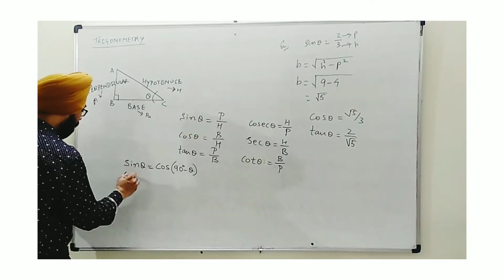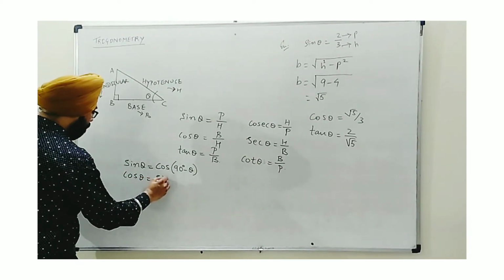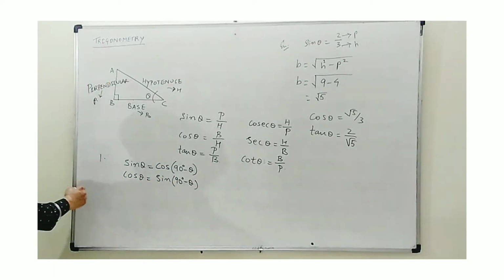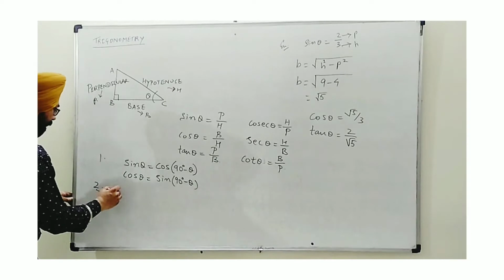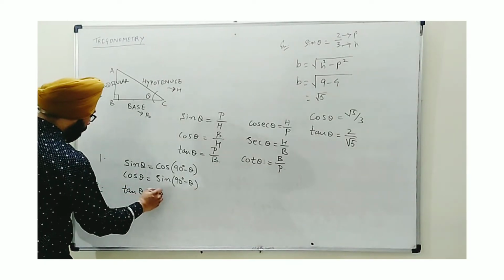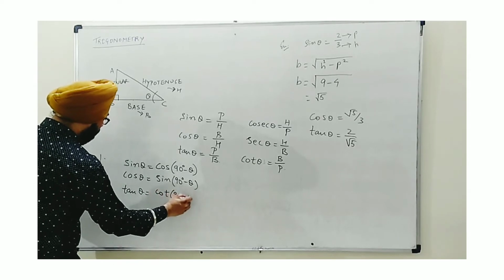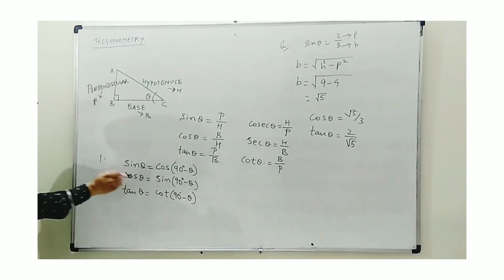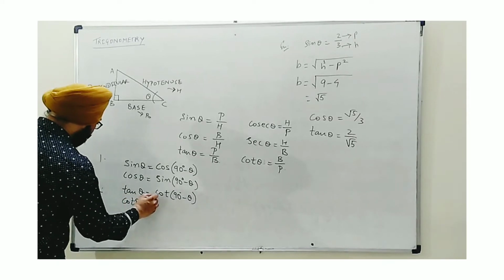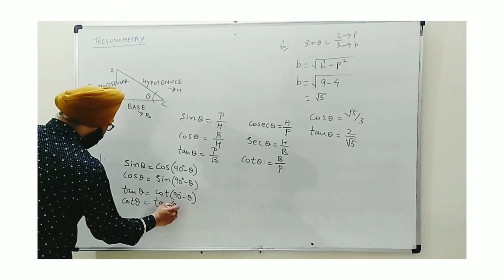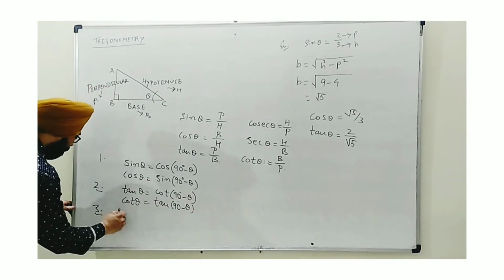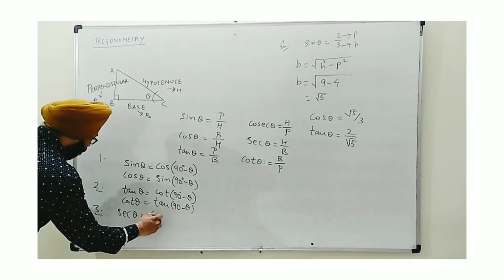Also, cos theta can be written as sine of 90 minus theta. This is the first relation. Second, tan theta can be written as cot of 90 minus theta. Wherever I am using 90 here, don't forget it is in degrees. And cot theta can be written as tan of 90 minus theta. And the third one is between sec and cosec.